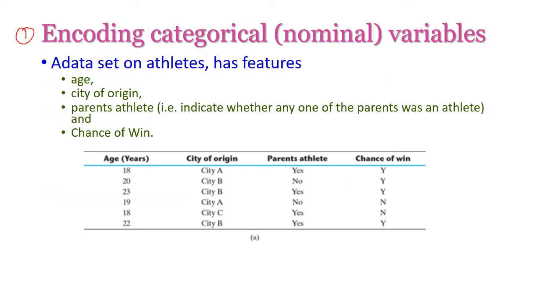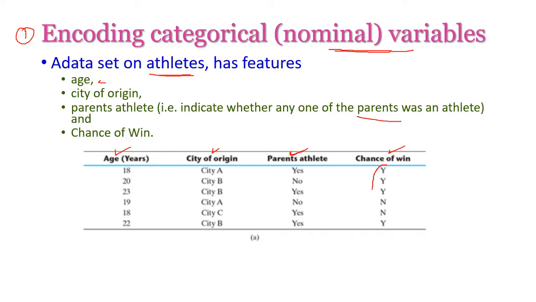Here the first one is encoding categorical nominal variables. For this we will see one example, a data set on athletics. In the athletics table, four features are there. First is age in years, then city of origin, parent athlete, that is whether the athlete's parent is also an athlete, and chance of win.